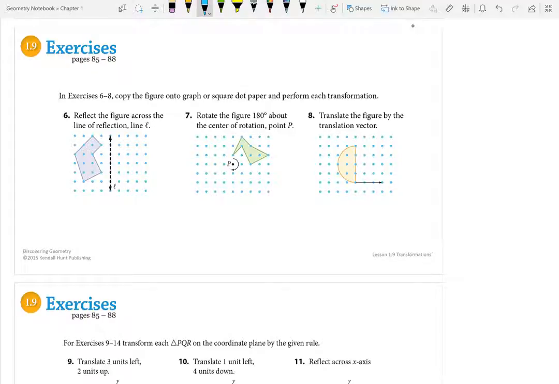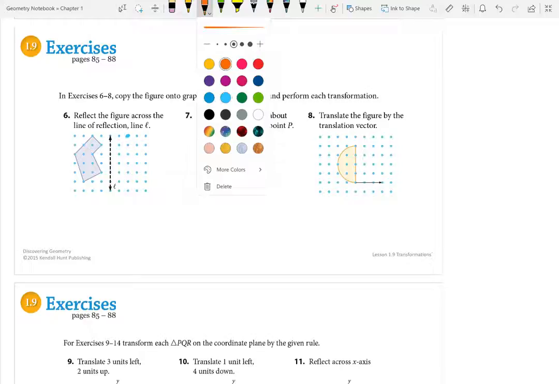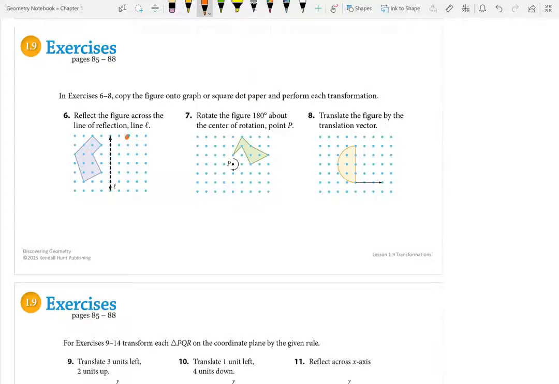And like we learned in class, that basically means that these dots, using a different color, are going to be the same distance from this line of reflection, which is line L. So if this distance here is 2, then this distance here is also 2. And if this distance here is 1, then the distance over here is also 1. So it's kind of like you're flipping it across that line or folding it across that line.